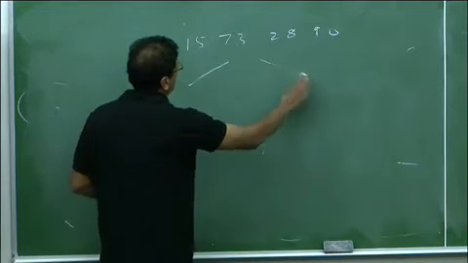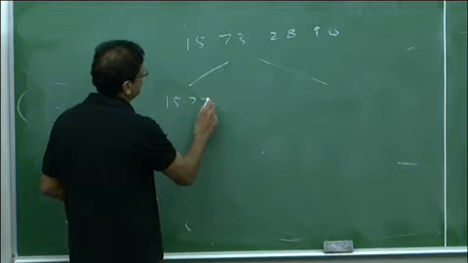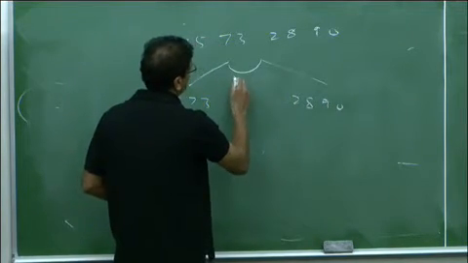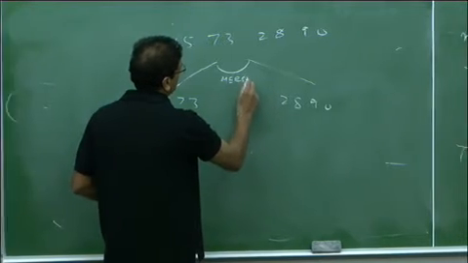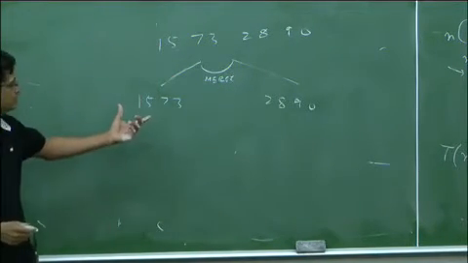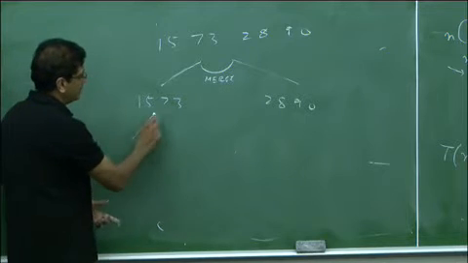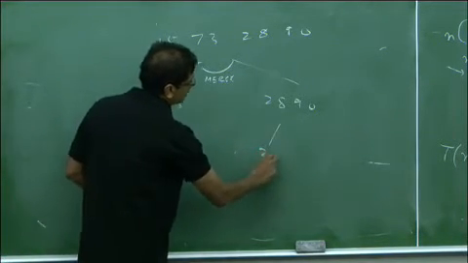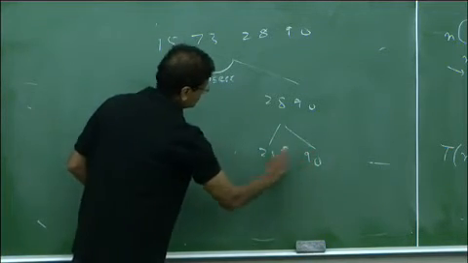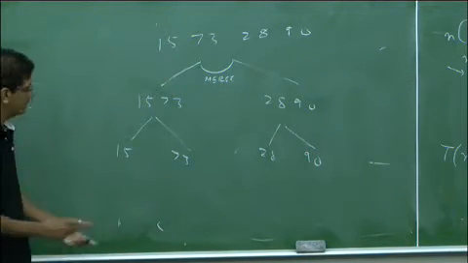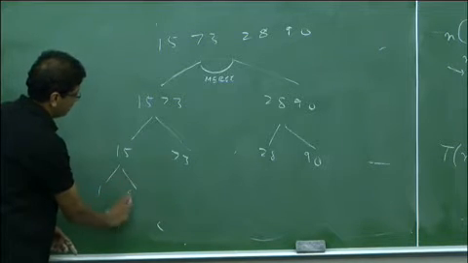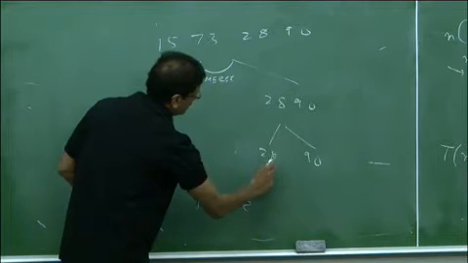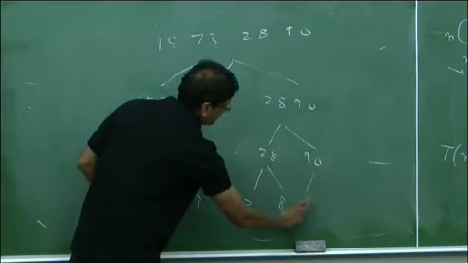So, there are two sub problems, one which requires 1573 sorting, the other 2890 sorting, and then you do a merge. To solve these, I will break them up further into 1573, 2, 8, 9 and 0.